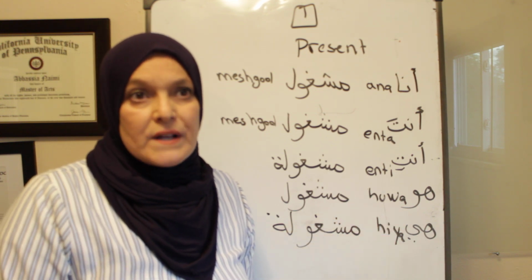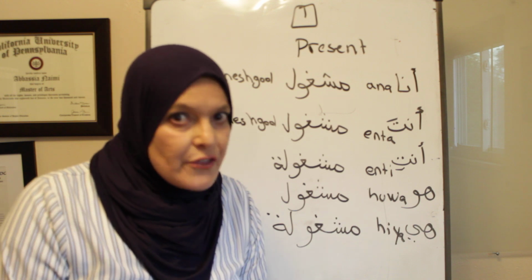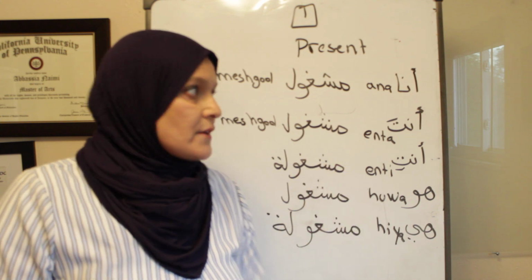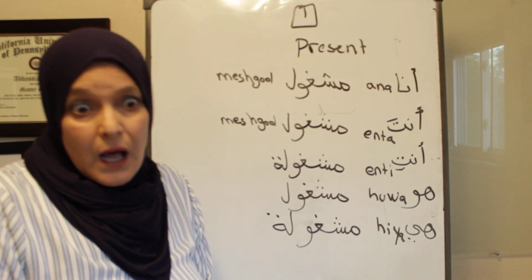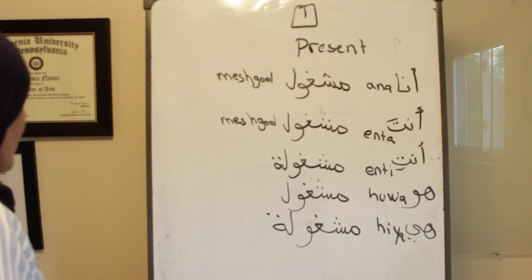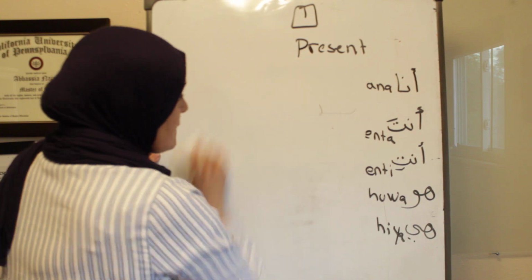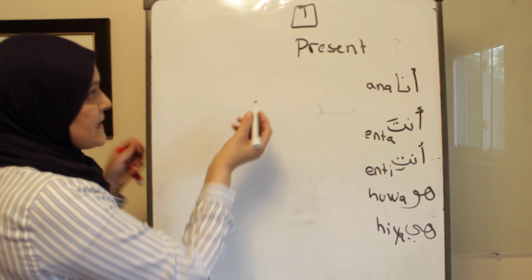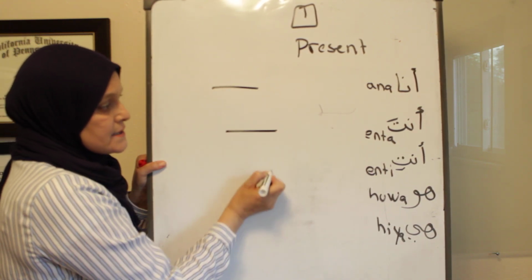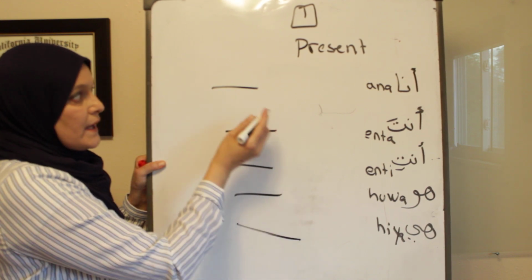So let's say you want to say I'm not, or you are not, or he is not. For the negation, you are going to keep the مشغول in this place.